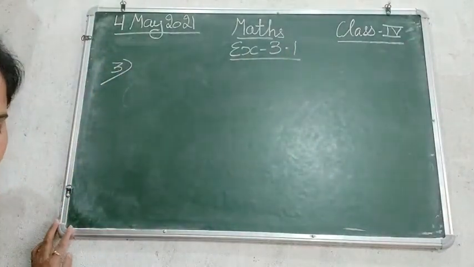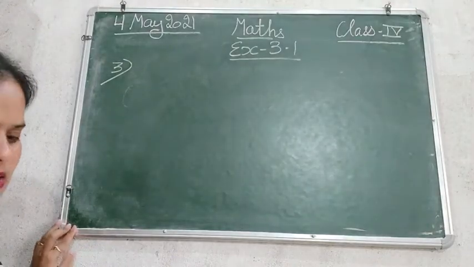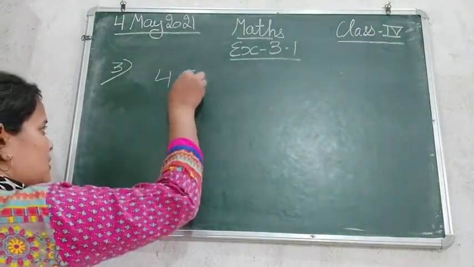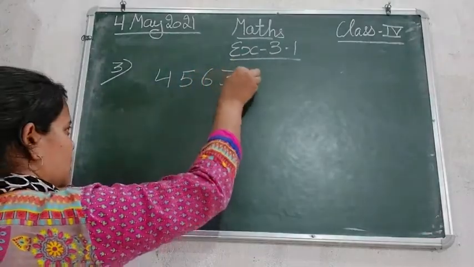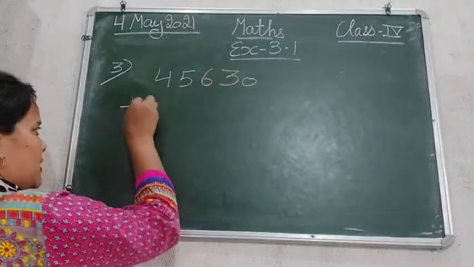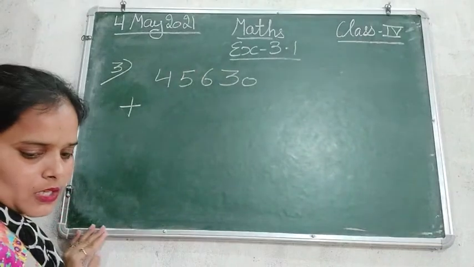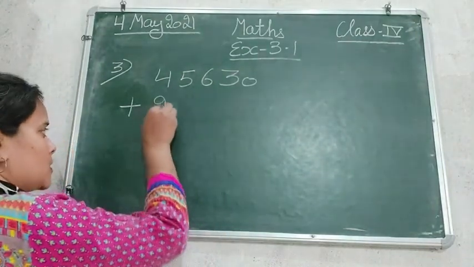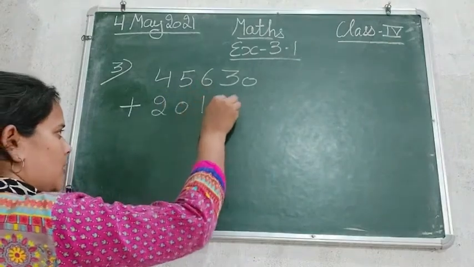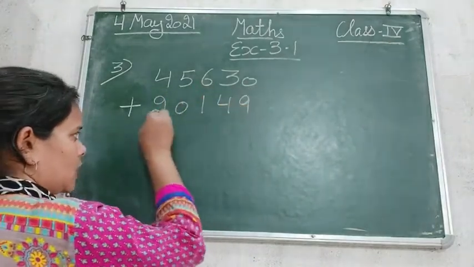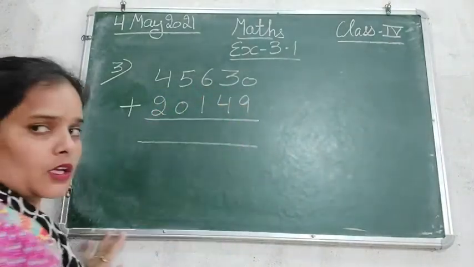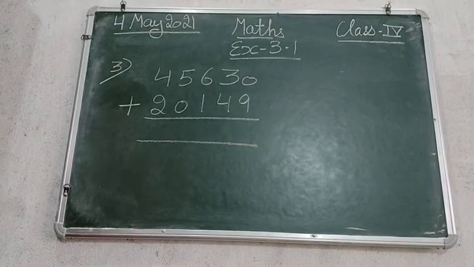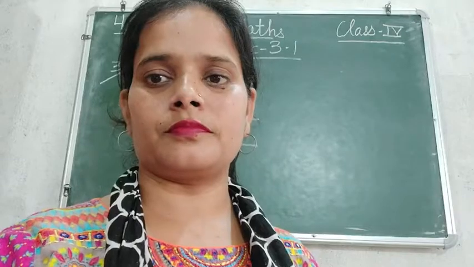The third is 45,630 plus 20,149. So now let's add them.